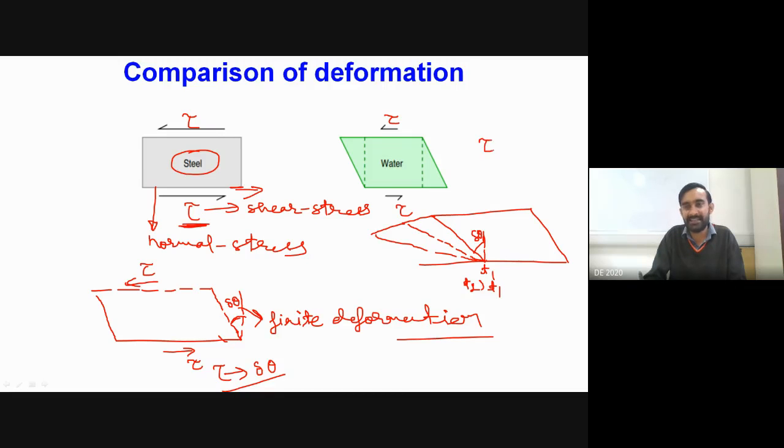So I can say that tau will depend on del theta by del t, because whatever deformation we get is continuous and increasing with time. That's why, when talking about fluids, we say that the shear stress is continuously changing the deformation of the fluid element, so we write it with the rate of change of deformation.